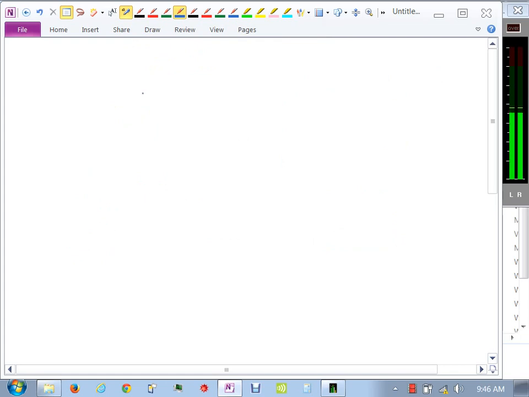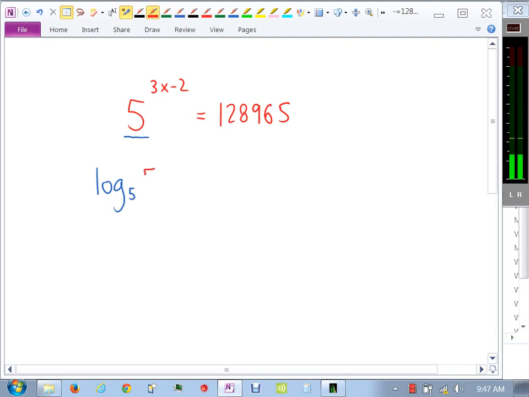Okay, so I'll just point out that you could have done it this way, which is the first way I showed you how to do these, which was to look at the base here, 5, and say, I want to get rid of that 5 so that I can come in with log base 5, and then 5 to the 3x minus 2.